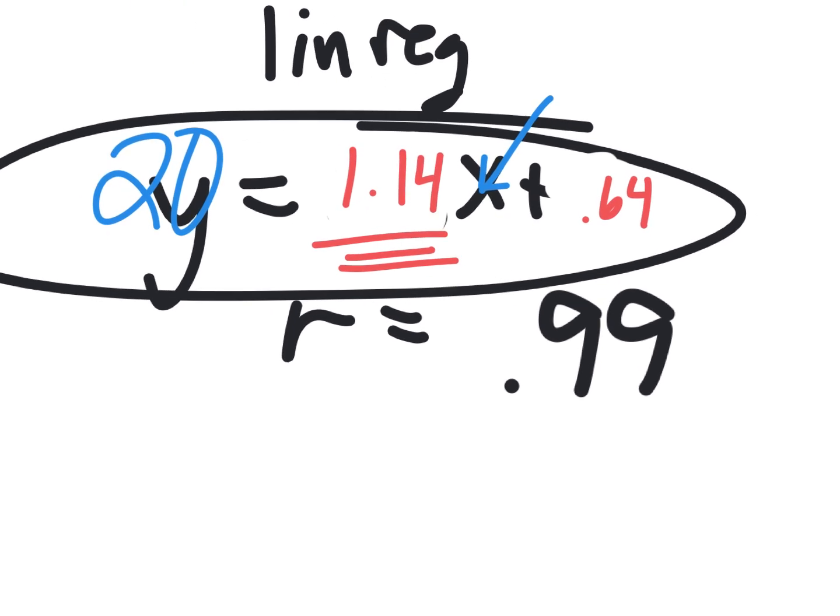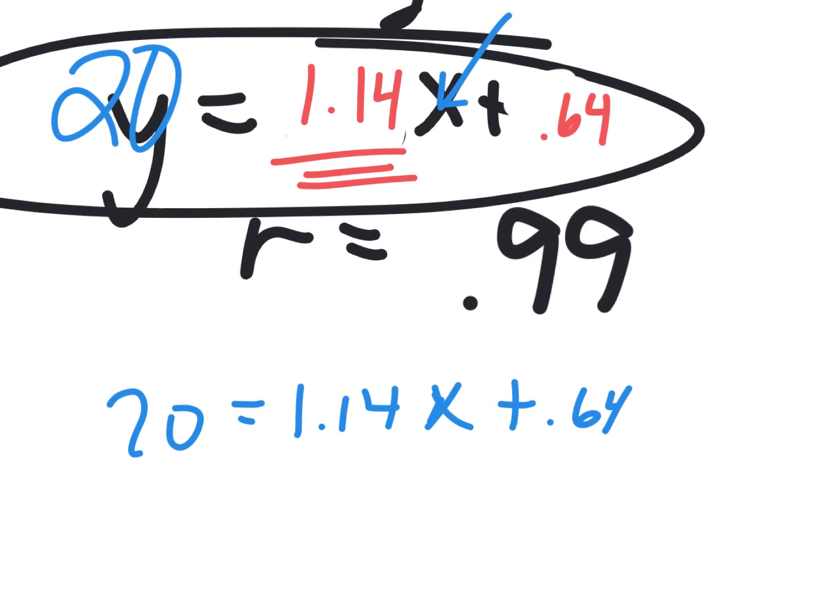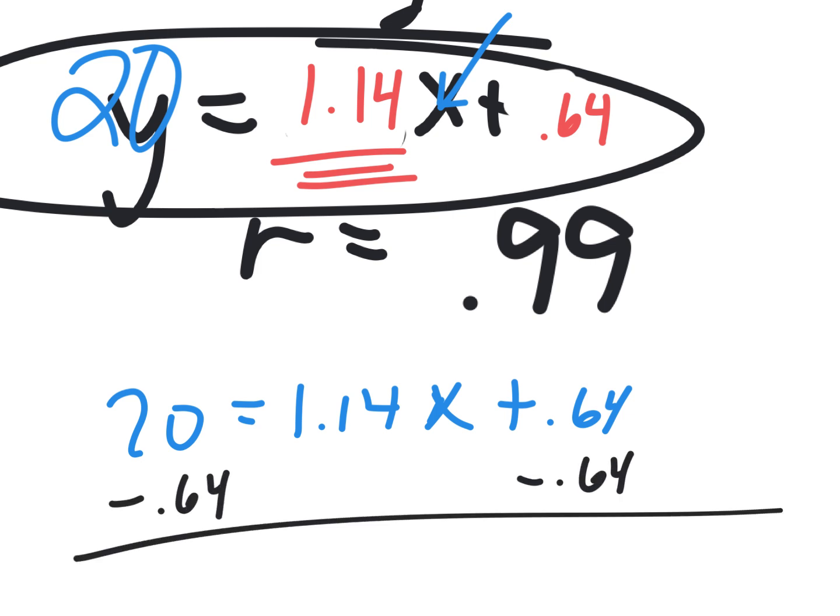Then what do we do? Well, I'm going to rewrite the equation. 20 equals 1.14x plus 0.64. And then I'm going to subtract the 0.64 from both sides. And I'm going to get 19.36, I think. Yep. Equals 1.14x. And then I'm going to divide both sides by 1.14.